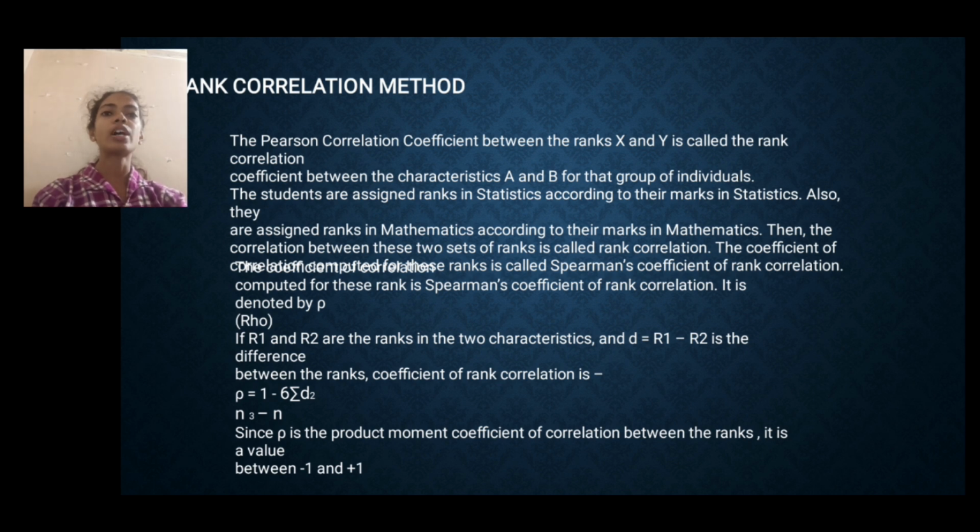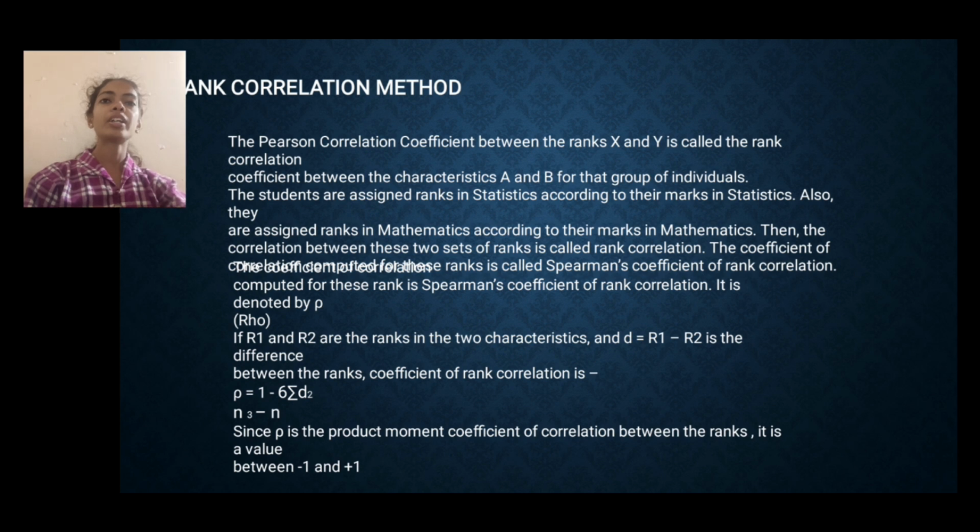The students are assigned ranks in statistics according to their marks in statistics. Also, they are assigned ranks in mathematics according to their marks in mathematics. Then the correlation between these two sets of ranks is called rank correlation. The coefficient of correlation computed for these ranks is called Spearman's coefficient of rank correlation.